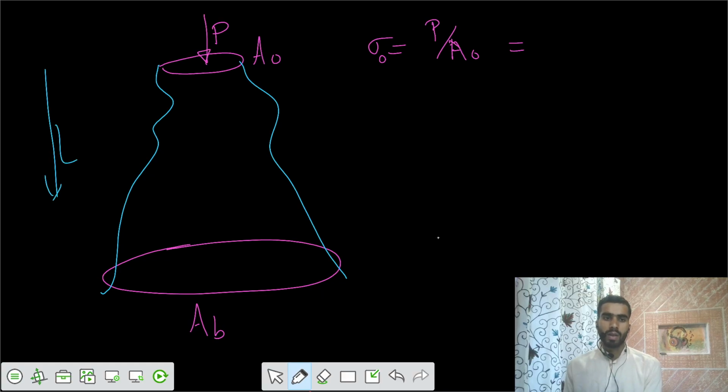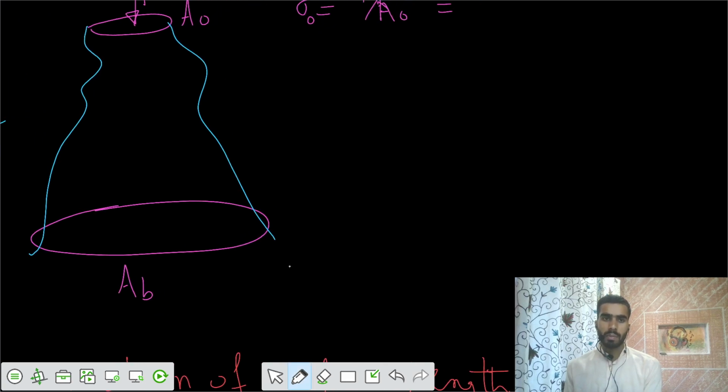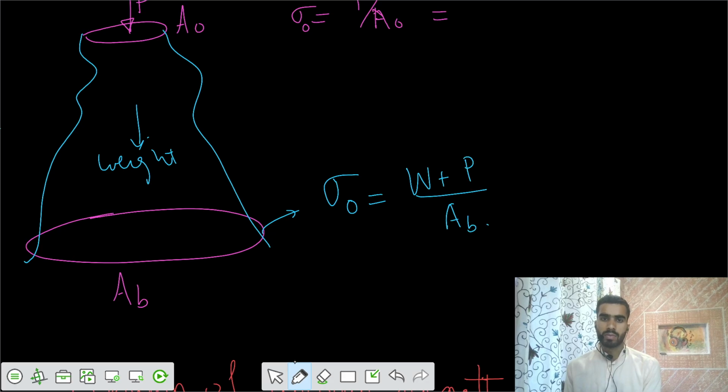I would say the area should be such that, if this load is P, and the weight of the column is also there, the stress at the bottom should give me the value of sigma naught, that is equal to some value of weight plus some value of P divided by the area at the bottom.